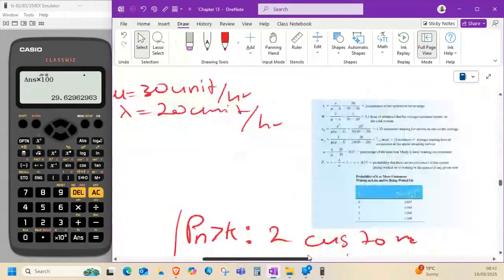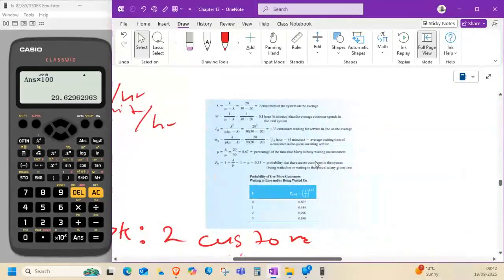Even if you go to their book answers, as you can see, they look for L, W, L, Q, then waiting on the queue, probability of, you see here, percentage of time. This is what I like also. Percentage of time that Marty is busy waiting on customers, and then probability that there are no customers in the system.